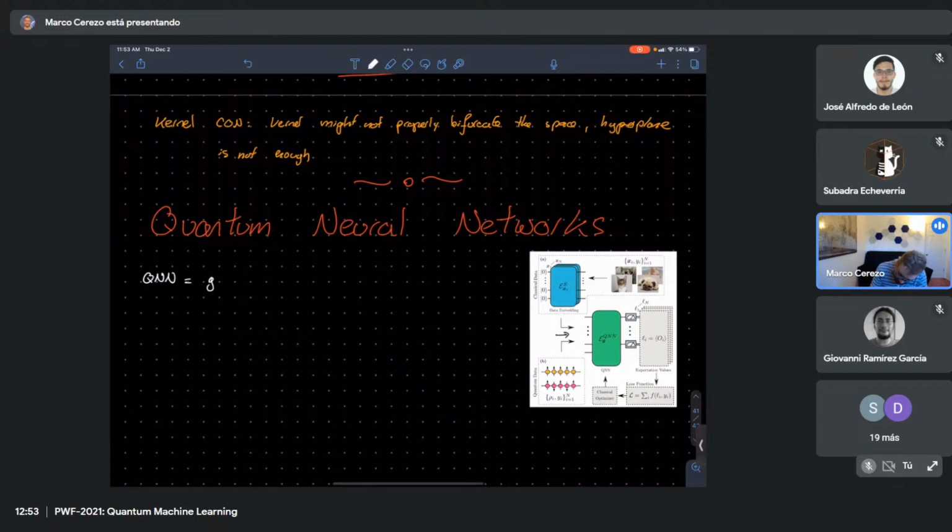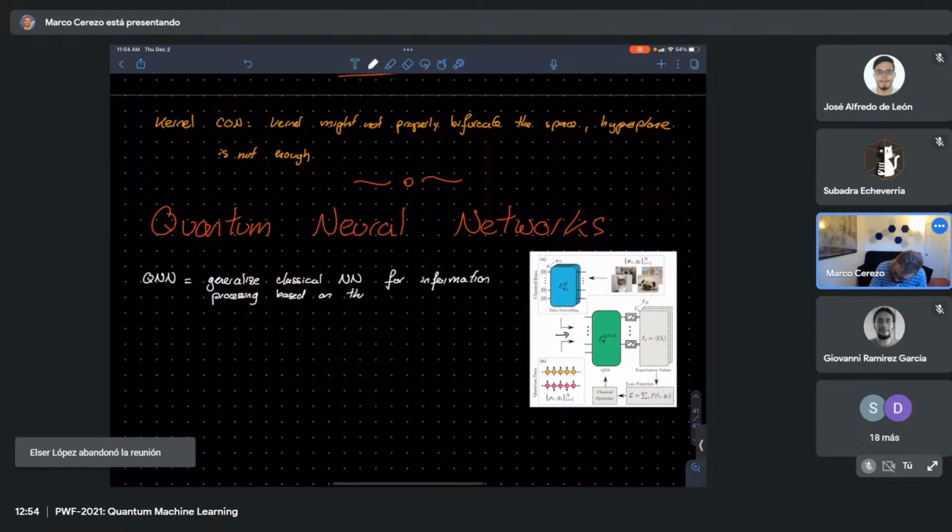What they do is generalize classical neural networks for information processing, based on the laws of quantum mechanics.